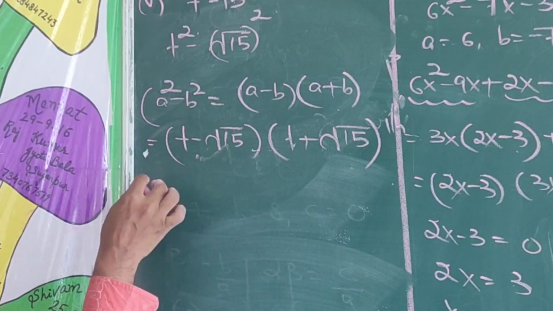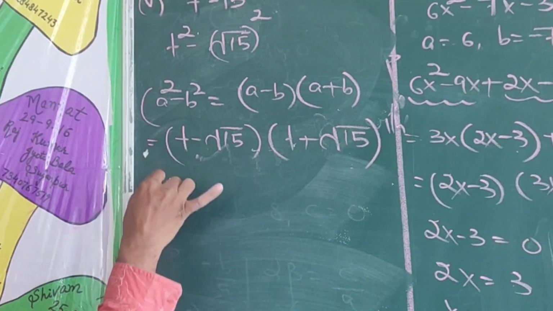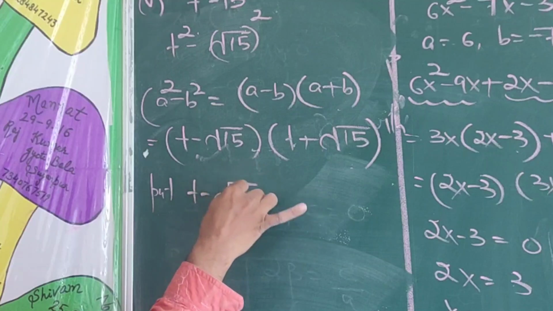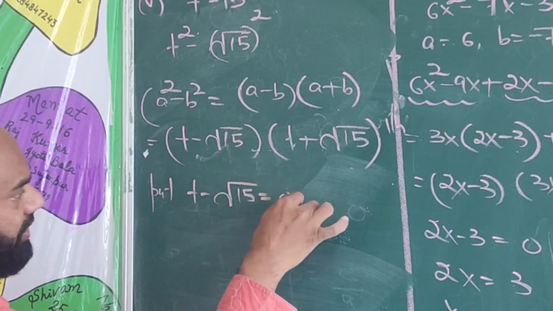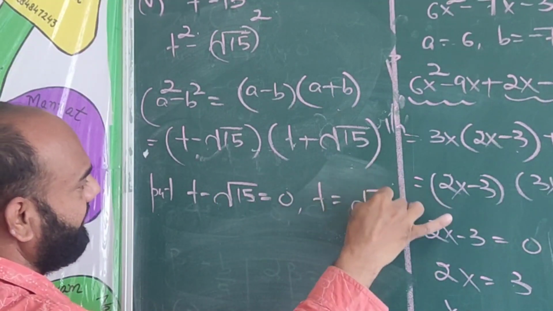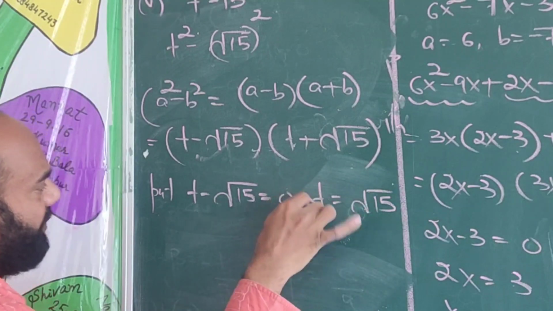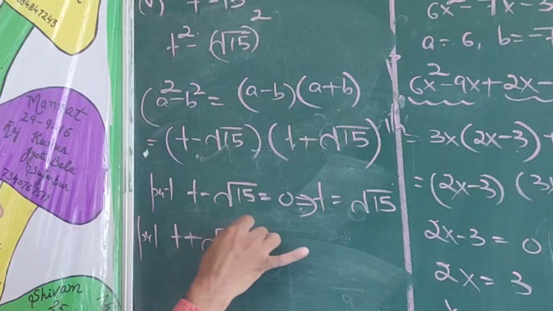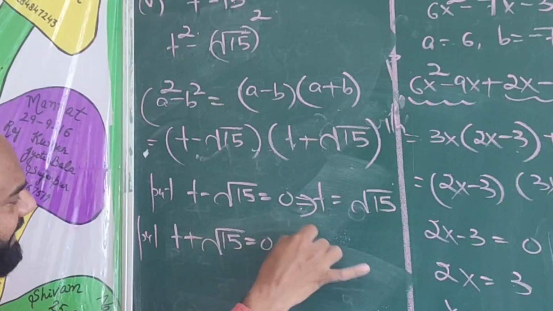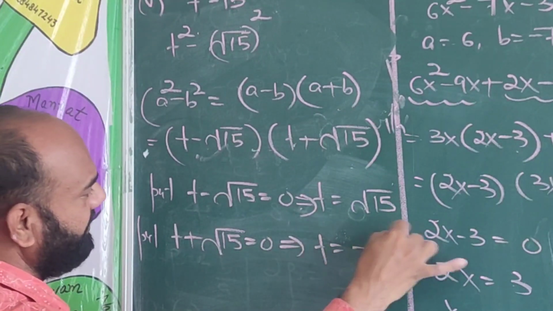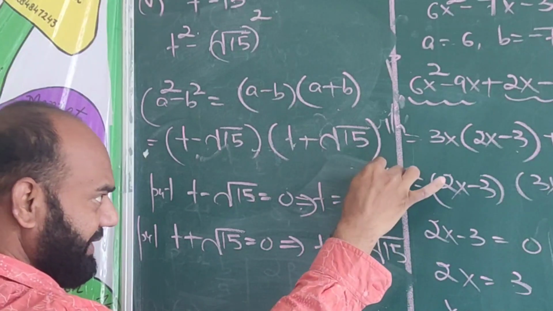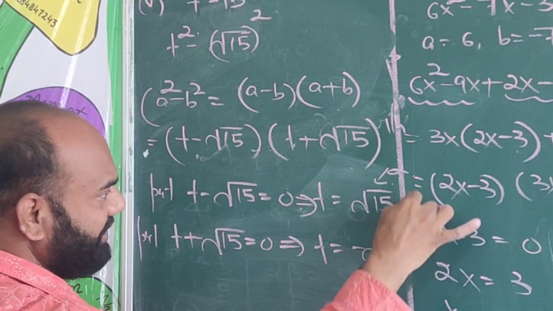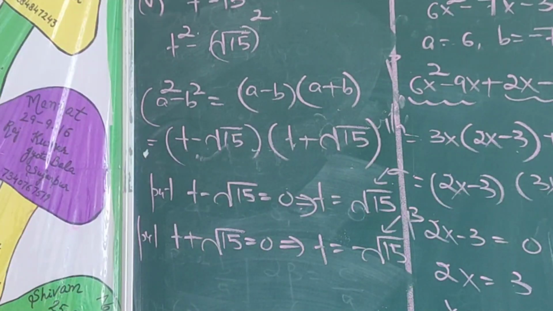When we put the first factor t minus root 15 equal to 0, we get t equal to root 15, and when we put the second factor t plus root 15 equal to 0, we get t equal to minus root 15. The first zero is said to be alpha and the second zero beta. So here alpha is root 15 and beta is minus root 15.